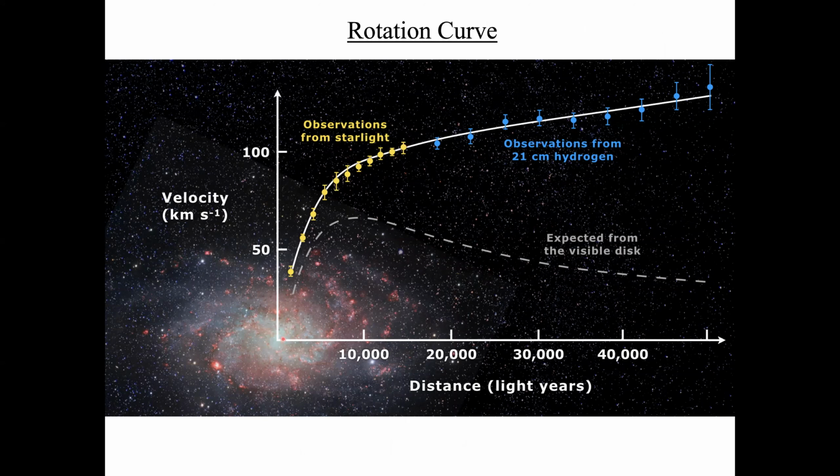Now, here is the center of the Milky Way, and you measure the distances on the x-axis, and then you measure the rotational speeds on the y-axis, and this graph is called the rotation curve. You can see that it makes sense when you go out. If the amount of visible matter increases, you expect an increase of the rotational speeds.